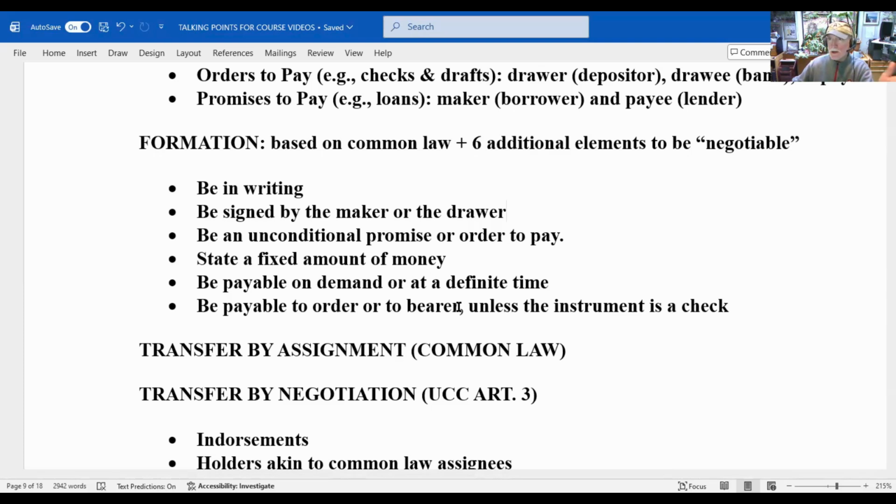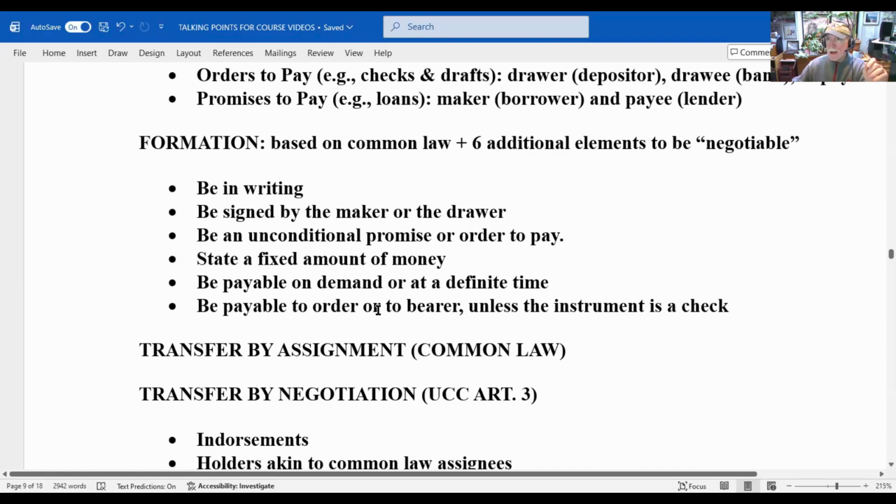So the lender is essentially the original holder. They can transfer by endorsement or negotiation to somebody else, and make it payable to that person, natural or legal person. Or they can simply leave the endorsement blank.